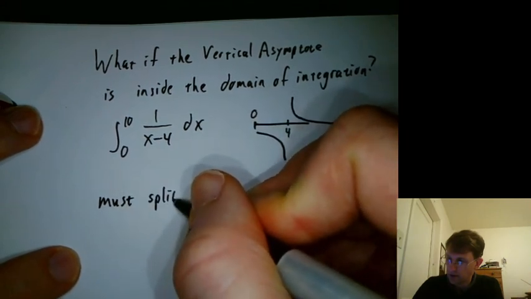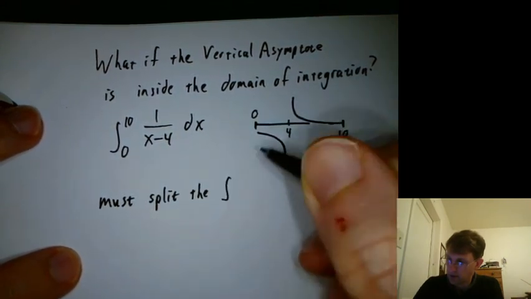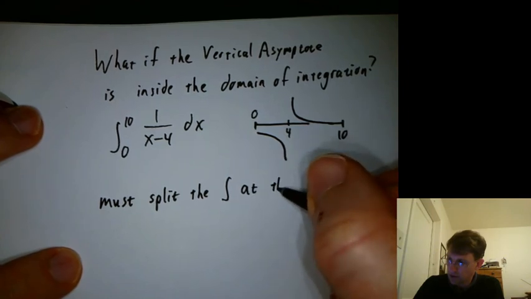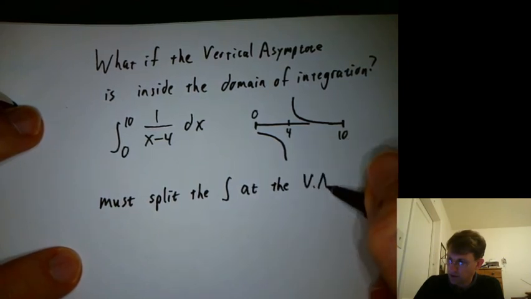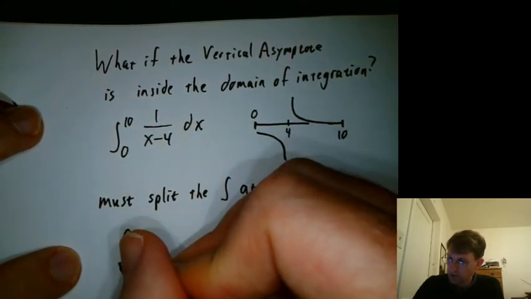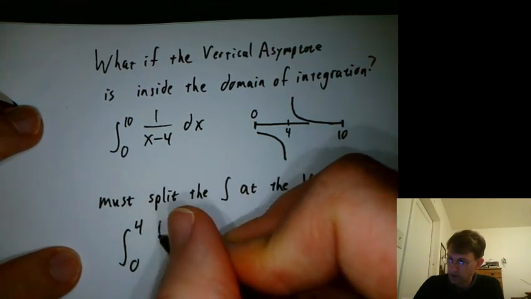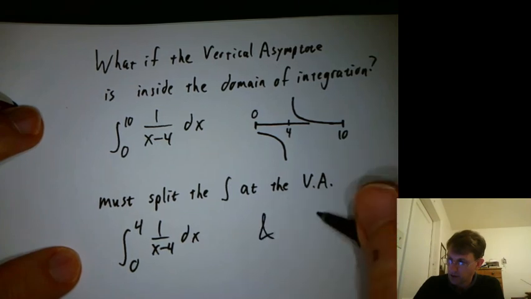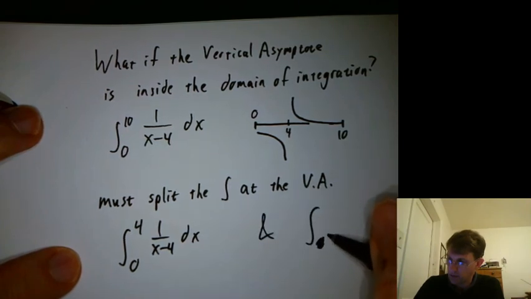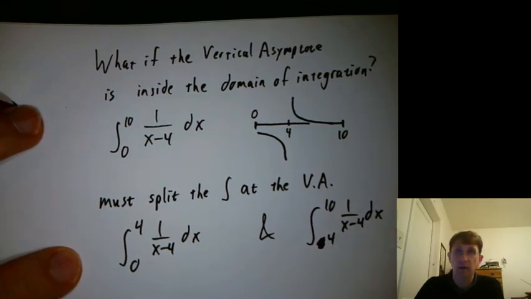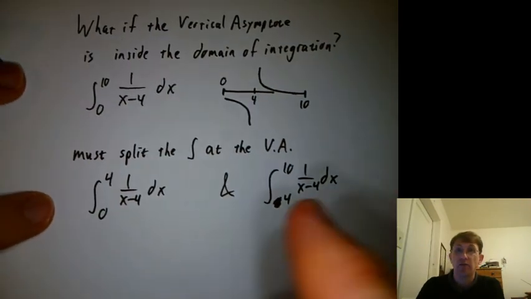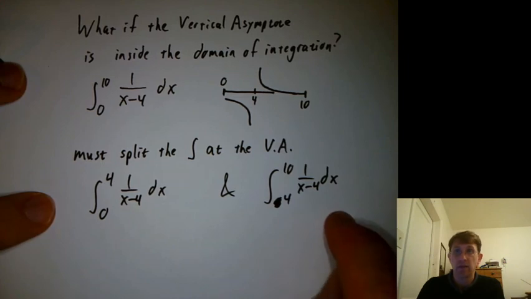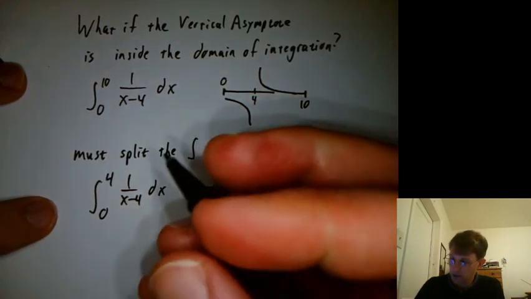So you have to split the integral at the vertical asymptote. So here we go with the integral from 0 to 4 of 1 over x minus 4 dx, and the integral from 4 to 10 of 1 over x minus 4 dx. And then you have to have both of those things exist to be allowed to add them together.